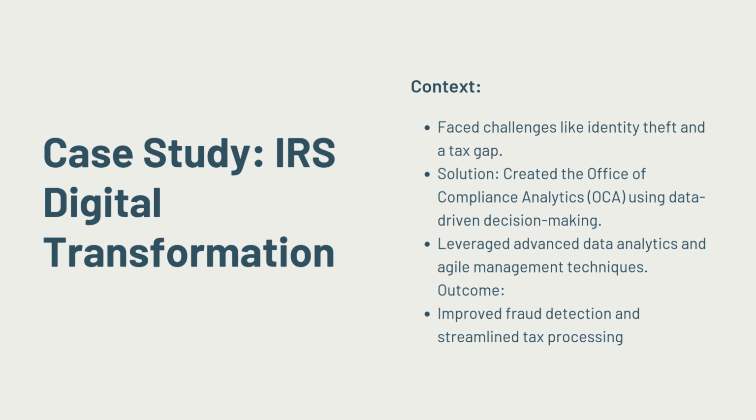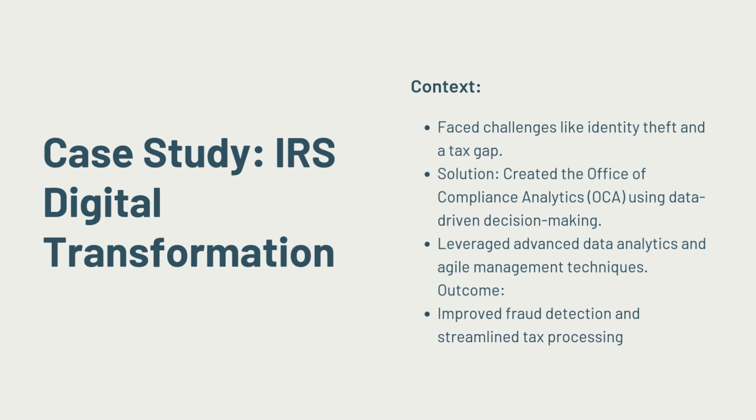So, what does data driven decision making really mean for public administrators? It involves using real time data to guide decisions, improving the accuracy and timeliness of responses. In the public sector, data driven decision making can help us anticipate problems, allocate resources more effectively, and continuously improve service delivery.